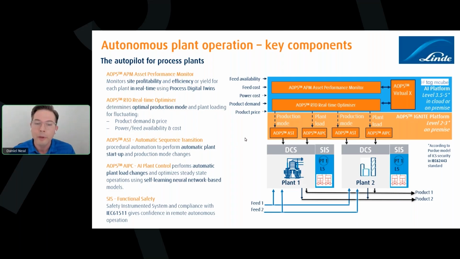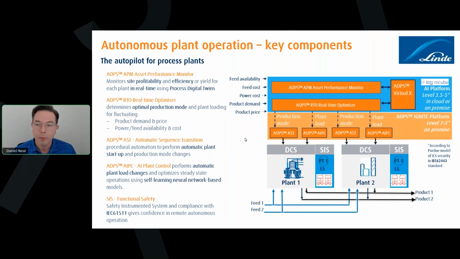Additionally, the platform acts like a referee or a watchdog between the control system set points in the different applications that are in control at any given moment. One example is if you start through some procedure automation with our automatic sequence transition to start up the valve and its control, start up the plant, or use it for decoking in ethylene.